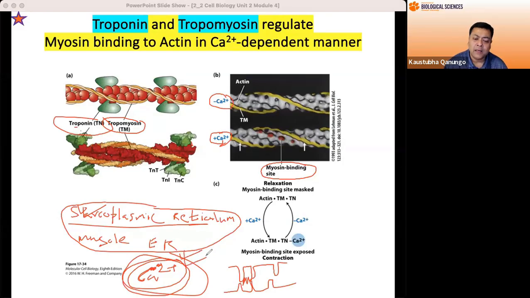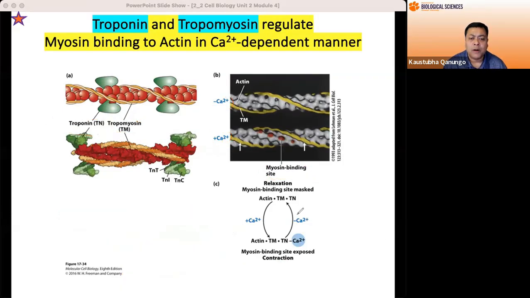It remains in the cell, and you can do back-to-back rapid movement of relaxation and contraction as needed. But at the initial stage, you need to give some time for the voltage to activate the calcium channels so that all your actin binding sites are open. So this is the process.